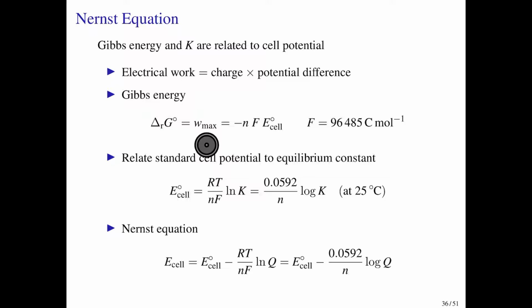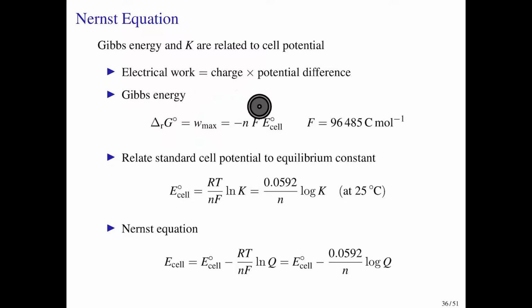And so what we're doing in this equation is we're using this idea from physics and this relationship from thermochemistry to calculate the Gibbs energy of a reaction from the amount of charge transferred and the potential difference for that electrochemical reaction. So we've got this formula here relating the free energy to the cell potential.